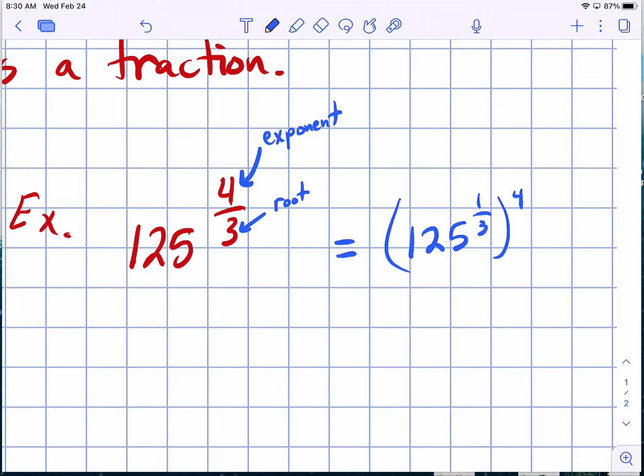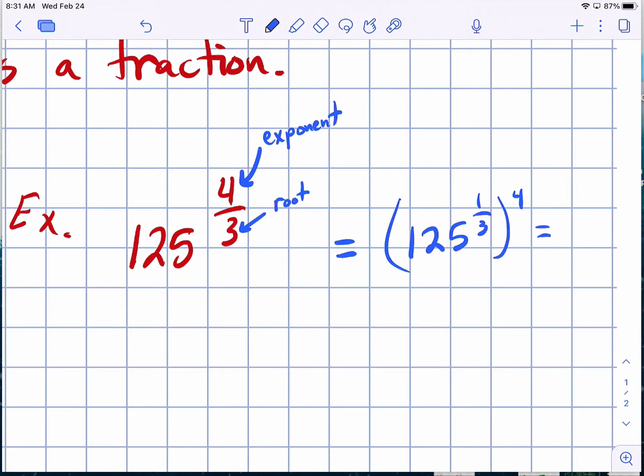Okay, so all I do to work through this, again, I take the denominator and I leave that there by itself, and I'm going to do the root of that. So this means I'm going to do the 3rd root of 125 with my calculator, just like I did the 4th root of 4,096, and then whatever I get for my answer, I'm going to take that to the 4th power. Okay? So let's try this again.